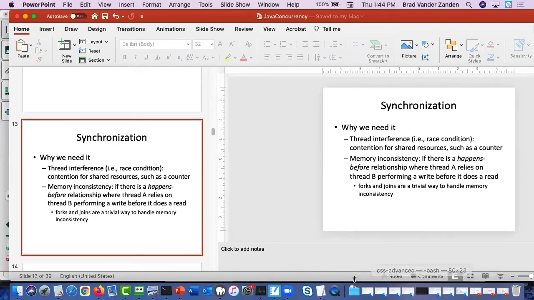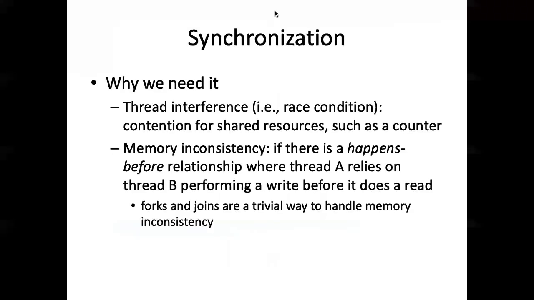Okay, the other thing that can happen if you aren't careful is you can get memory inconsistency. So let's say that thread A relies on thread B performing a write before it does a read. In that case, you definitely want to ensure that B happens before A, and join is a trivial way to handle that.